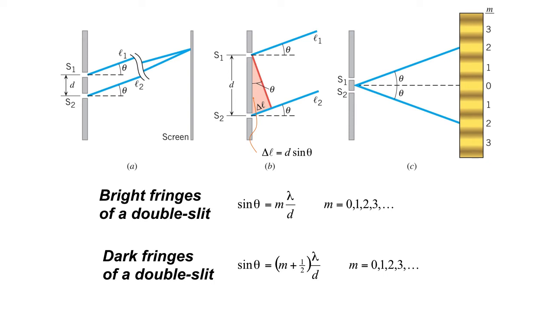So if the distance is far relative to the slit size and the wavelength size, these lines will be parallel. That gives you a right triangle to work with. Your delta L, the path length difference, for the bright fringes is going to be an integer times lambda, so theta is set by lambda over d.